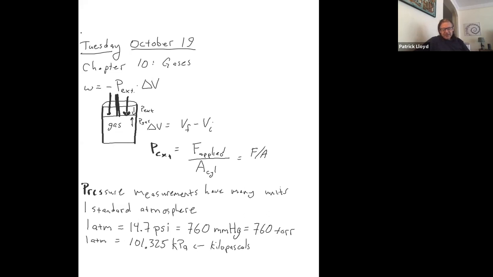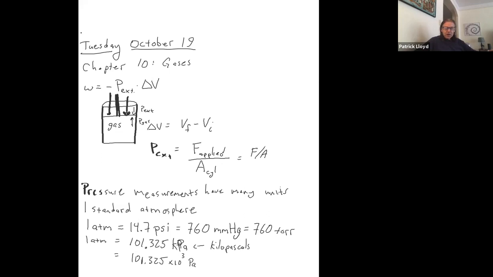Notice it has a prefix, k for kilo, which means 1,000, right? So this is really the same thing as 101.325 times 10 to the 3 pascals, Pa for Pascal. Again, Pascal is named after a scientist and mathematician. So you've got pascals or kilopascals. Kilopascals you'll see more often than pascals, but they both exist.